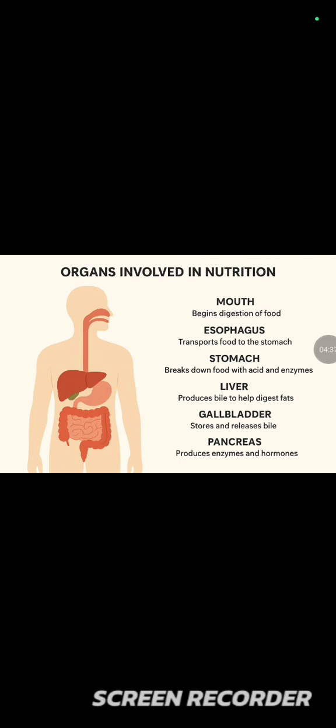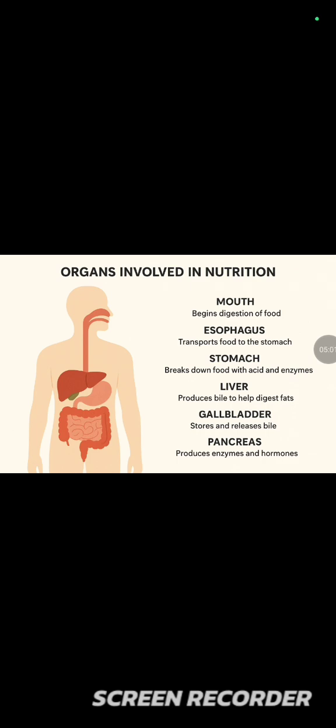In addition, it neutralizes acidic content and helps in the absorption of fat soluble vitamins such as A, D, E, K, etc. The gallbladder stores the bile juice, concentrates it, and releases the bile into the duodenum when the food enters.